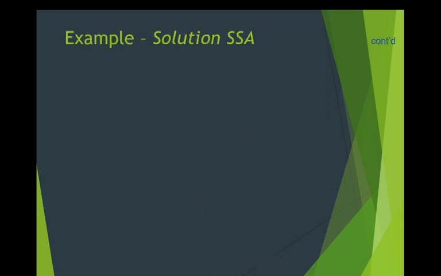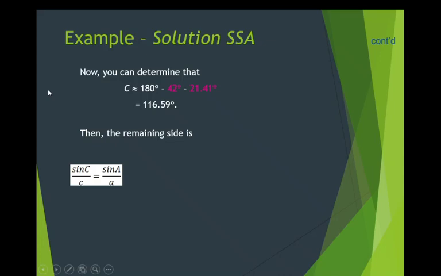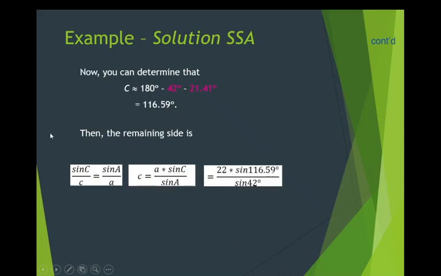Then, using that, I find my third angle by finding angle C, because all 3 have to add up to 180. And then using it to find my last side, side C, which is 29.4 inches. Okay. So the ambiguous case doesn't mean we solve it any differently. It just means that we have to look at a couple of things first. We've got to see if we have more than one solution. Other than that, we work it exactly the same.